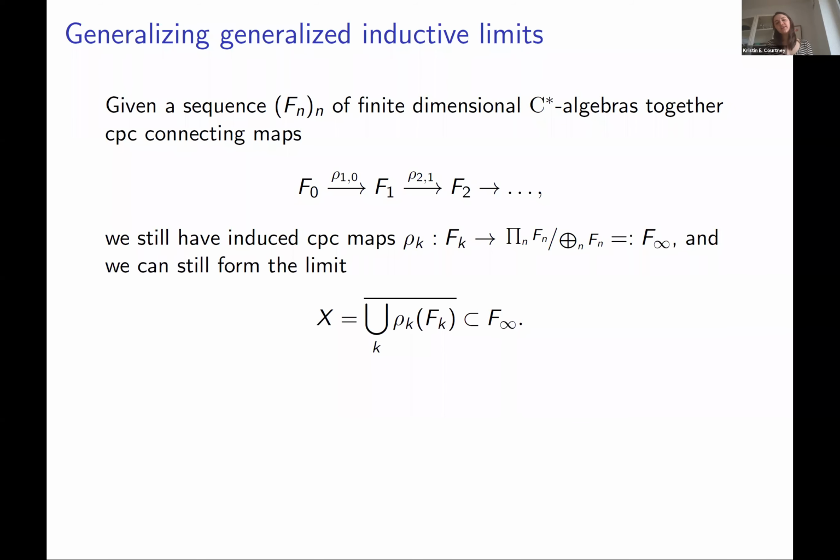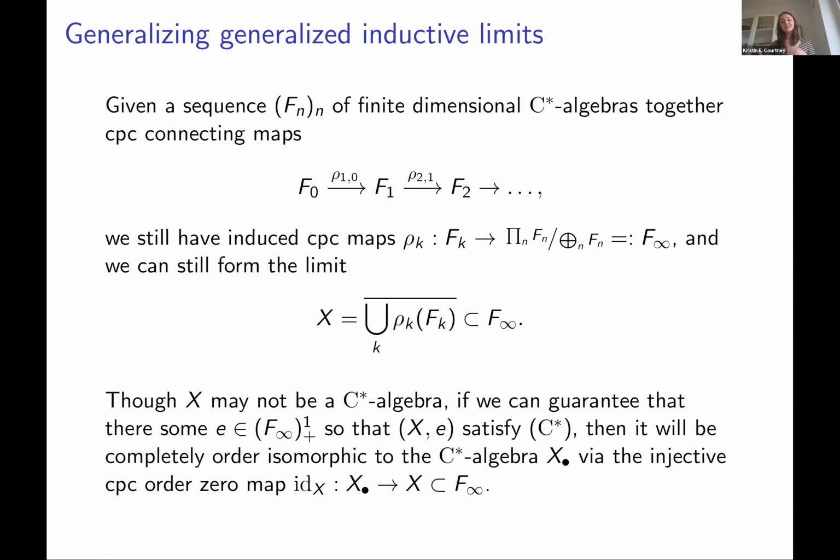And so we can still form the limit, which is just going to be the closure of the images of these inside of F infinity. In particular, this is a closed self-adjoint subspace of the C-star algebra F infinity.